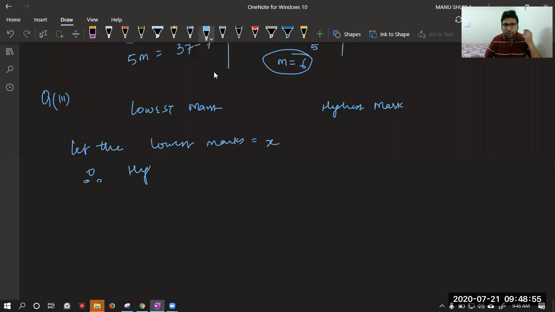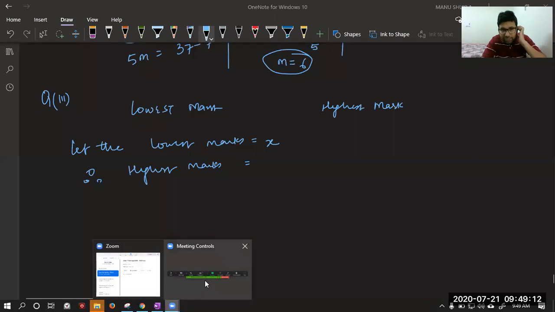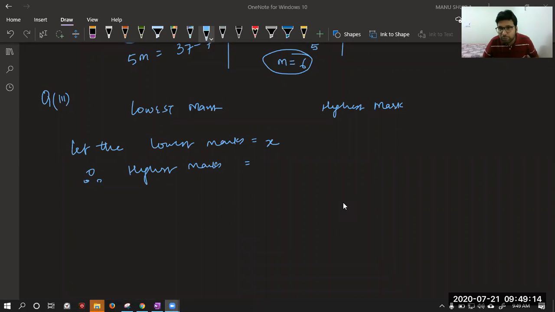Therefore highest marks is equal to, all of you, how much? She is saying highest marks is twice the lowest marks plus 7. Very good, Lavya. But I add plus 7 also. So it is 2x plus 7. So we have got the two expressions.